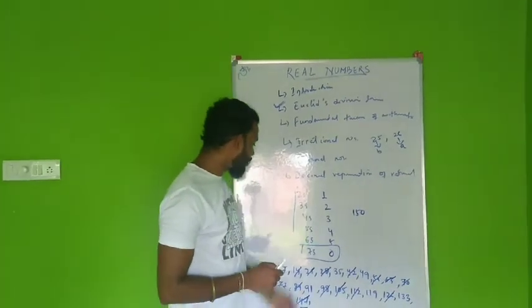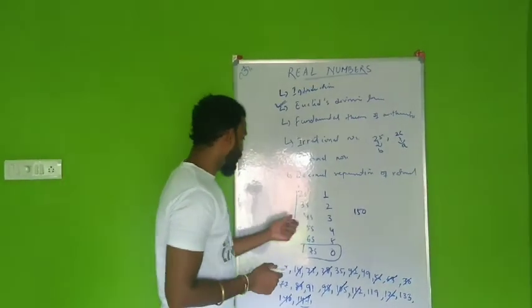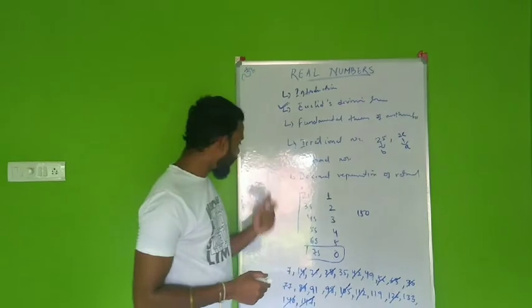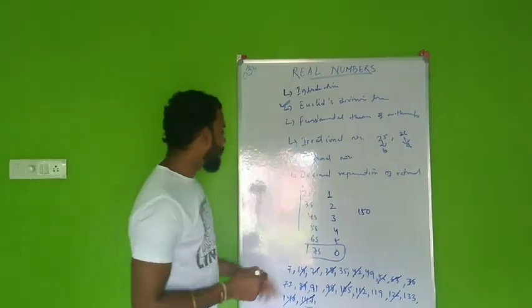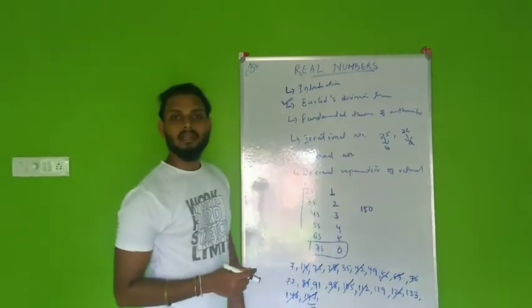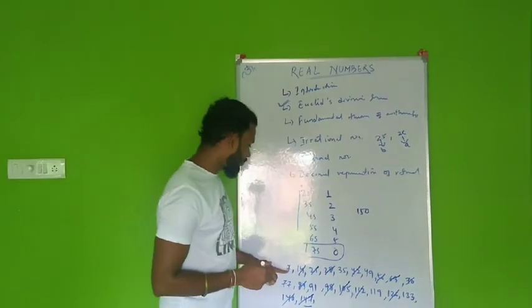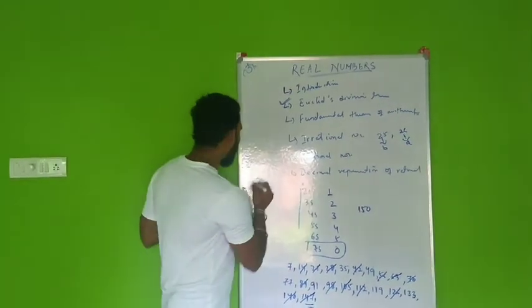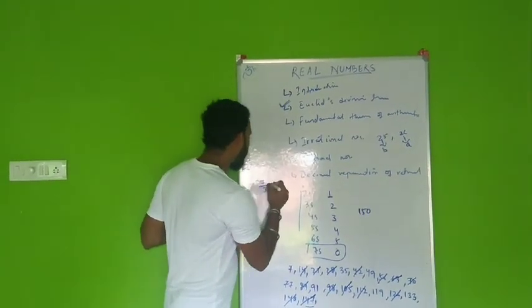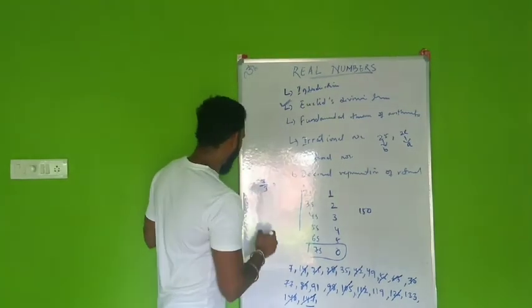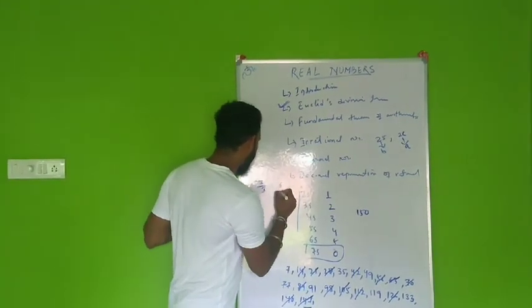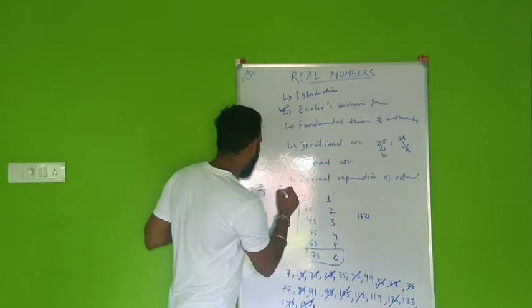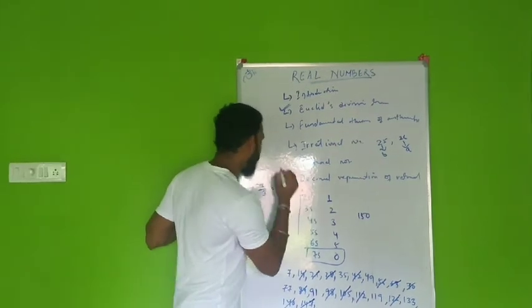Next, let us see. The condition is that if I divide this by 3, I will have remainder 2. First, 7 divided by 3 gives 2 and leaves a remainder 1.